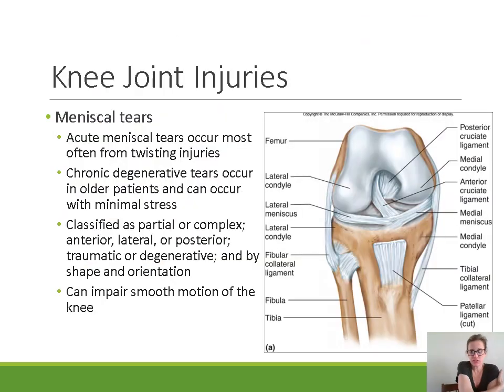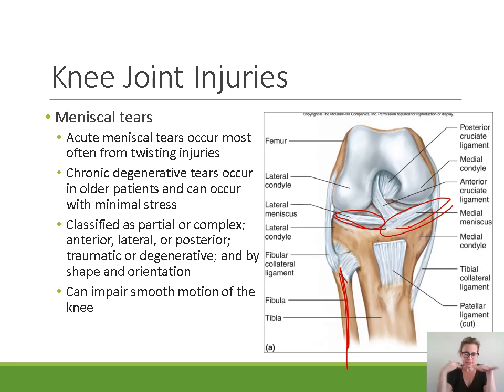Speaking of, so there is a medial meniscus and a lateral meniscus in the knee. Tears to either of these cartilage pads are very common. Here, looking at the knee, you can see the lateral meniscus and the medial meniscus. The lateral meniscus is on the lateral side, so the side of the fibula, but it doesn't touch the fibula.